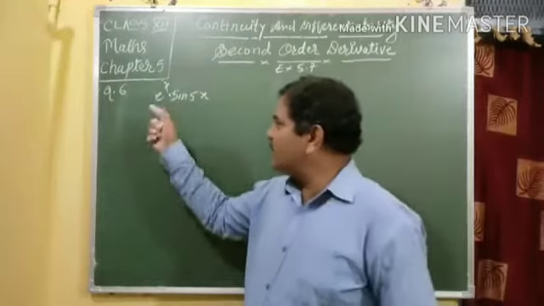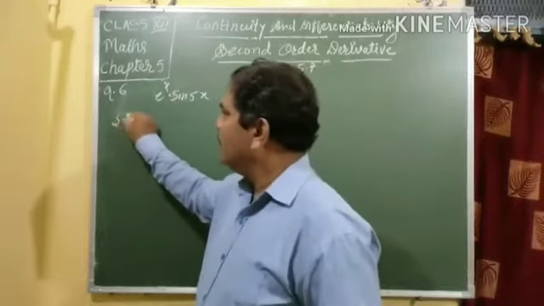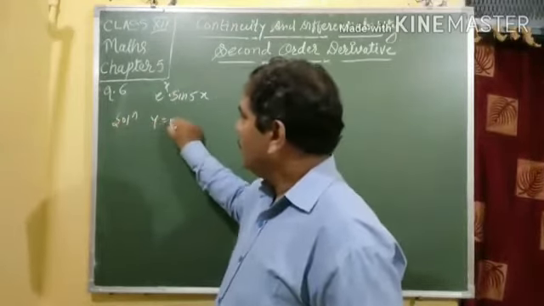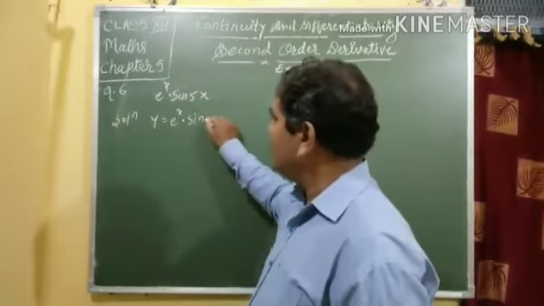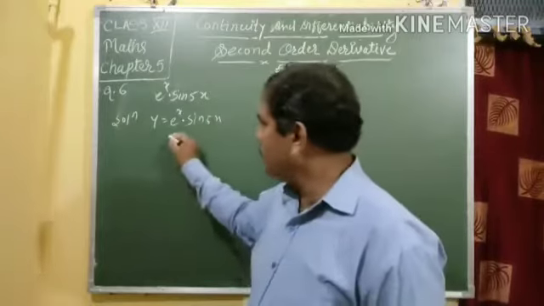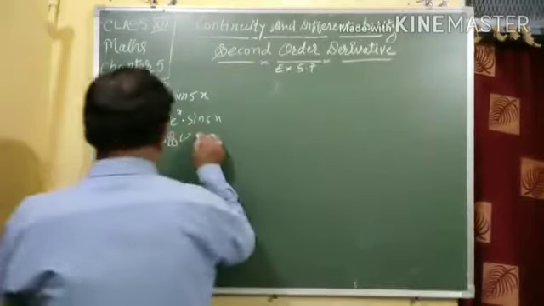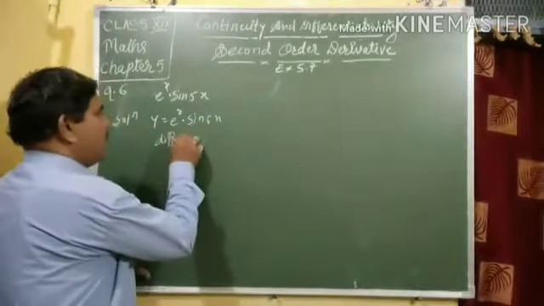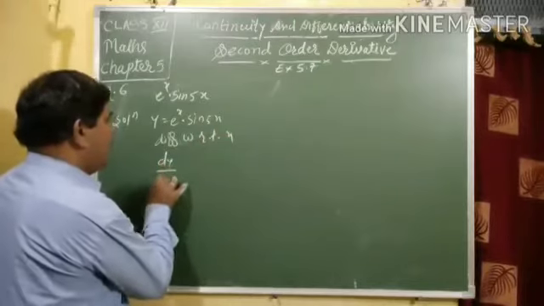Now student, question number 6: e to the power x sin pi x. So the solution: y is equal to e to the power x into sin pi x. Okay, so differentiate with respect to x. Then what will we get? dy by dx.